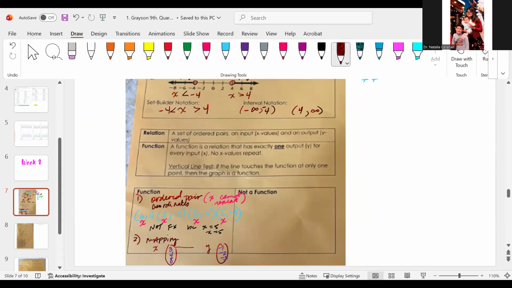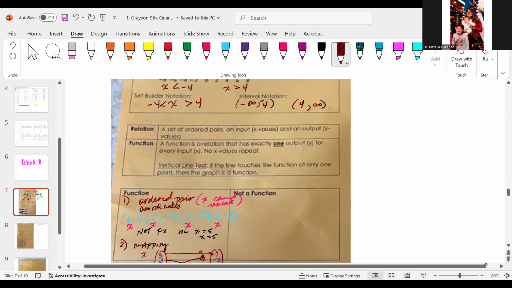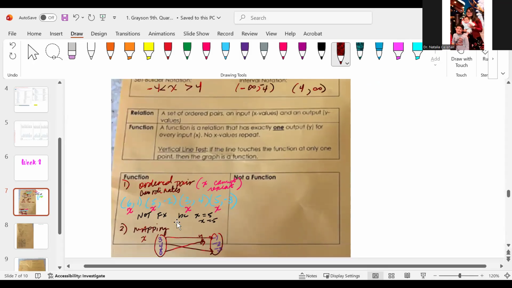And you have lines that go, this one goes here, this one goes here, this one goes here. Do you have any of the X's repeating? No, because if you look at it, it's 3 to negative 1, 4 to negative 3, 8 to negative 2, right? The X's do not repeat. Do you see that? Okay, so this is a function.